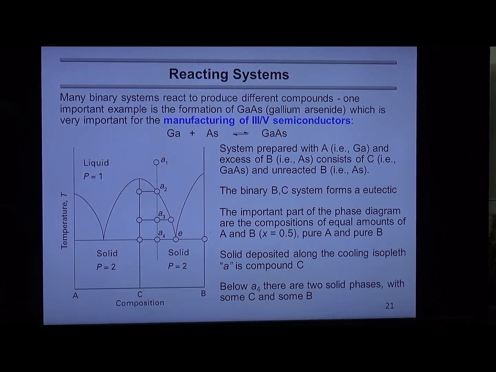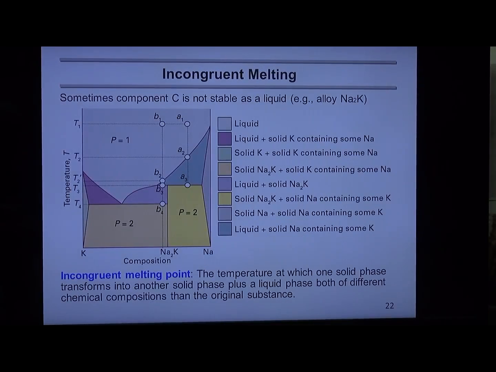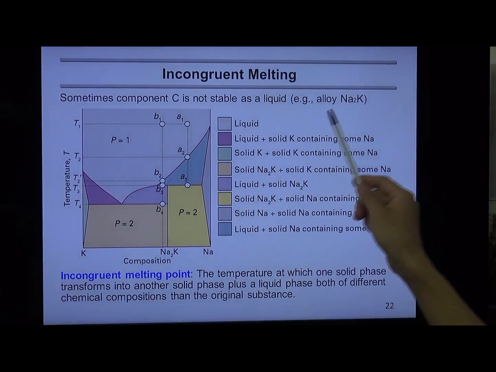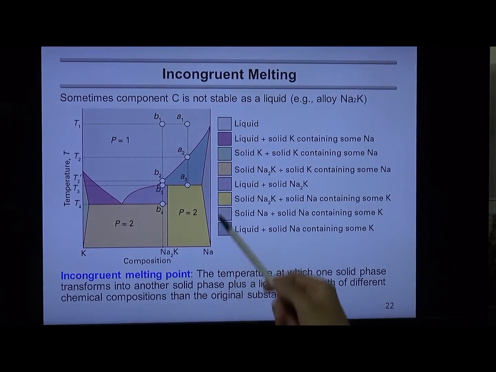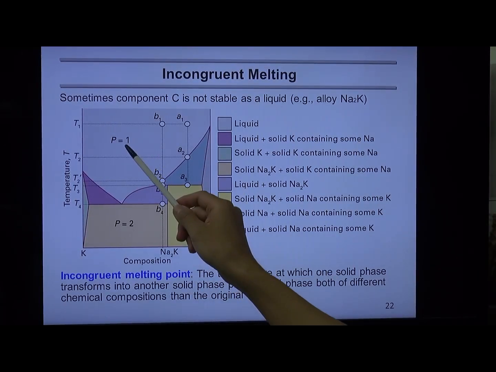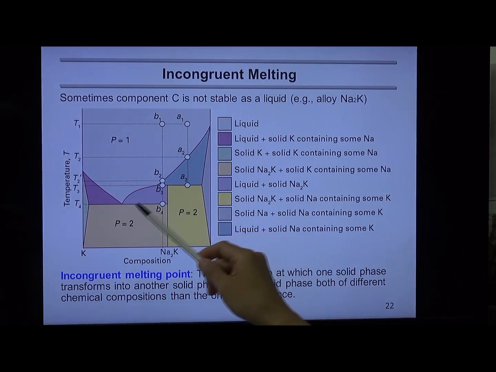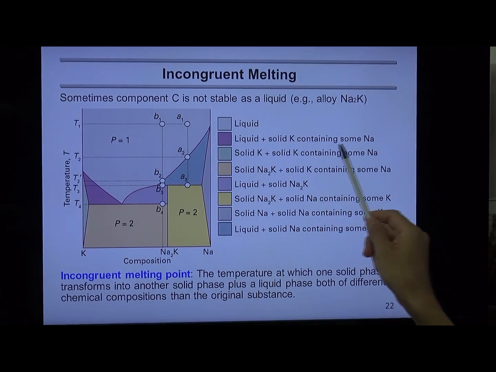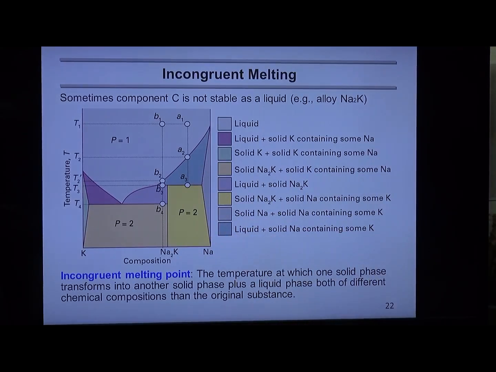Alright. There are also many other exceptions, such as incongruent melting. As you see here, the phase diagram of the alloy Na2K is very complicated, right? Here is the region of liquid, here is liquid plus solid K containing some Na, and so on. So this kind of incongruent melting phase diagram shows that this mixture, Na2K, does not melt uniformly and in some cases decomposes into other substances.